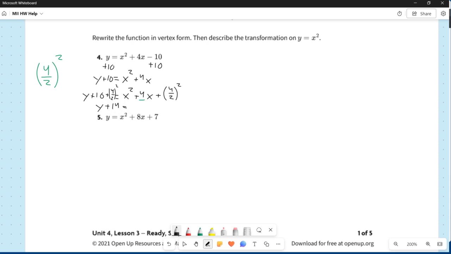All right. Now, on the right-hand side, the whole reason why we're doing this kind of weird thing is because I want to be able to write this quadratic as a binomial squared. That's the whole point of completing the square.